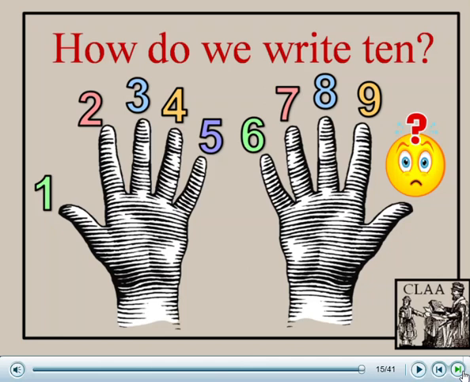God made us with 10 fingers on our hands. Our fingers are one set of 10 items. Our fingers are one set of 10, or 1/10. But how do we write 10?